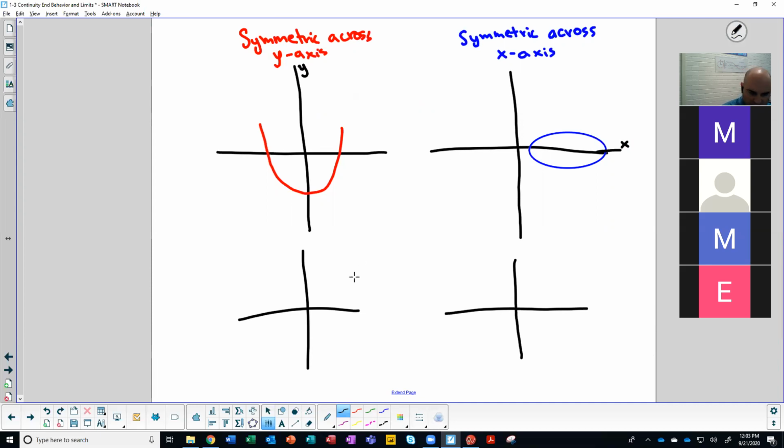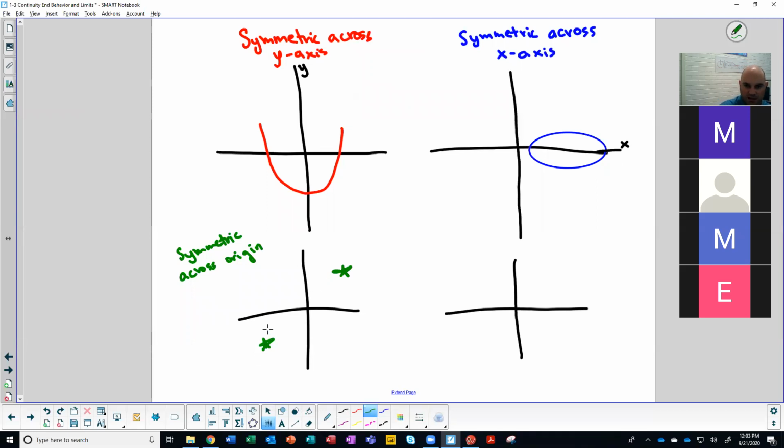You can be symmetric across the origin. So something that's symmetric across the origin would be like if you had a star over here and a star over here. Those are symmetric across the origin.